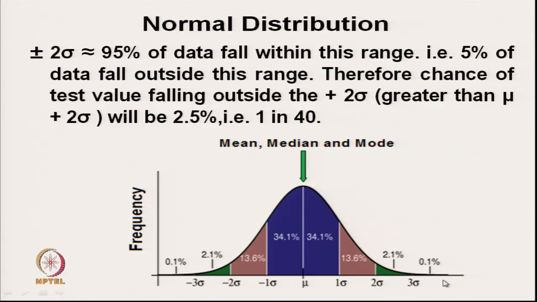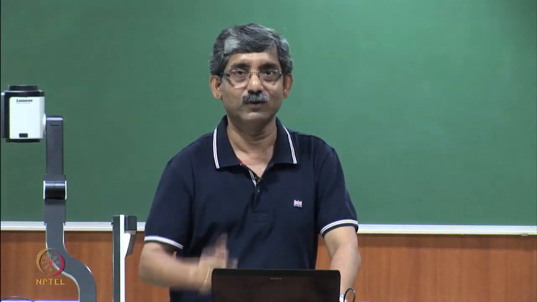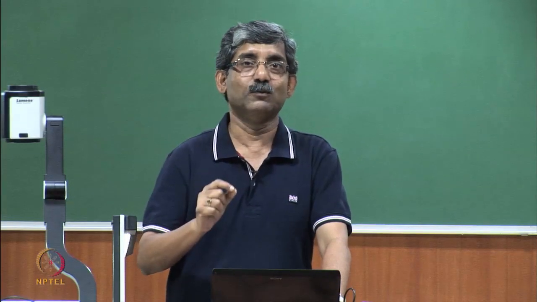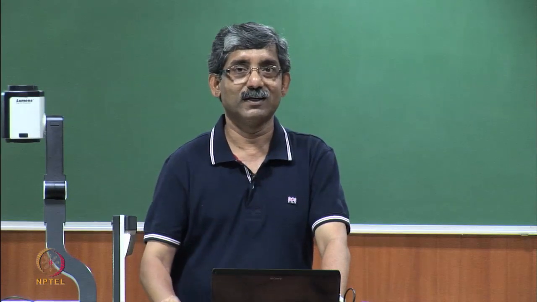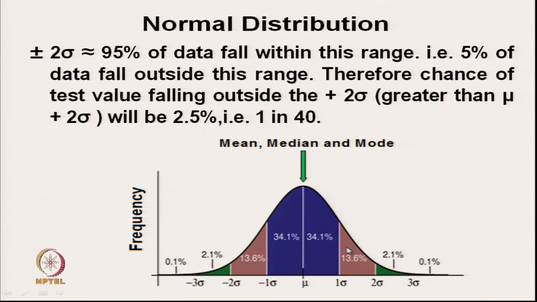That means, if we take, say, a reading of 40 yarn count, and if we assume it is a normal distribution, then 1 in 40 readings will be more than the mean value plus 2 standard deviations. Suppose the mean value is 10 and the standard deviation is 1, that means 10 plus 2 multiplied by 1, that is 12.